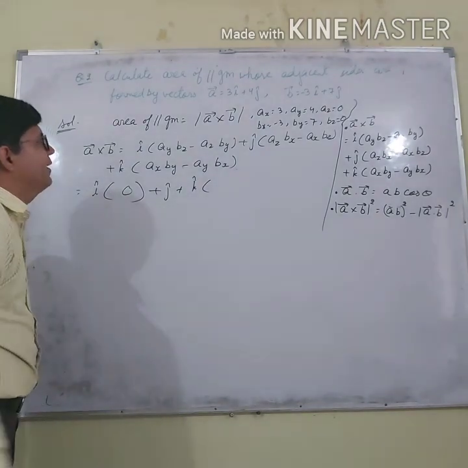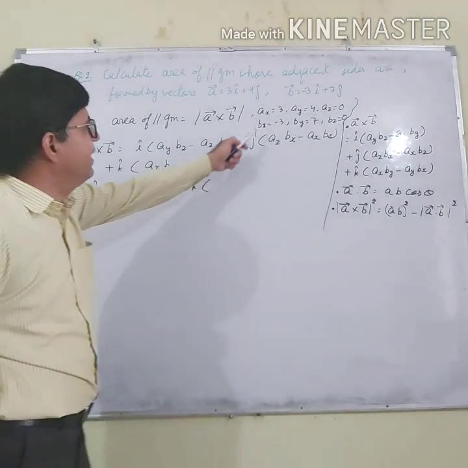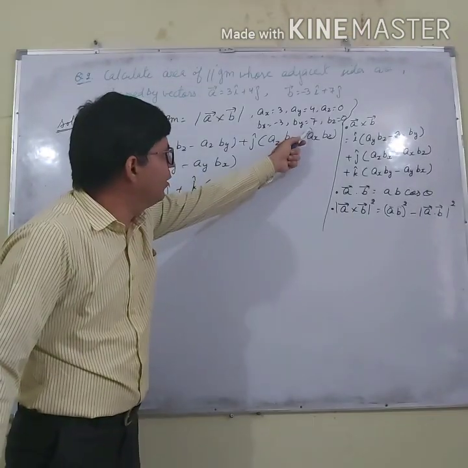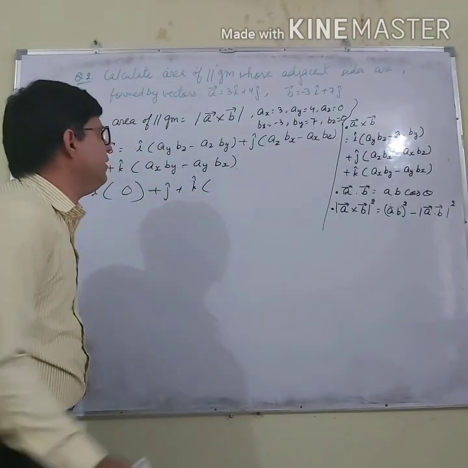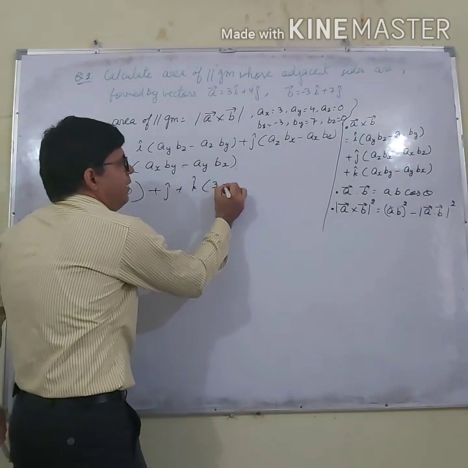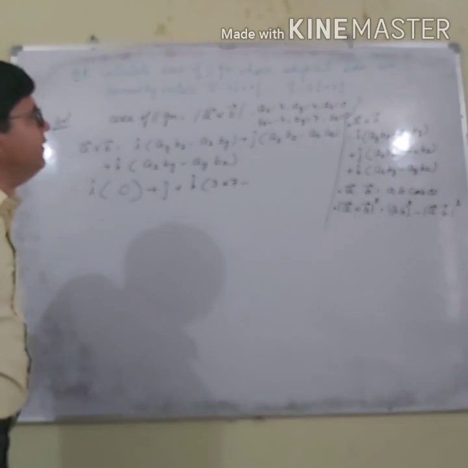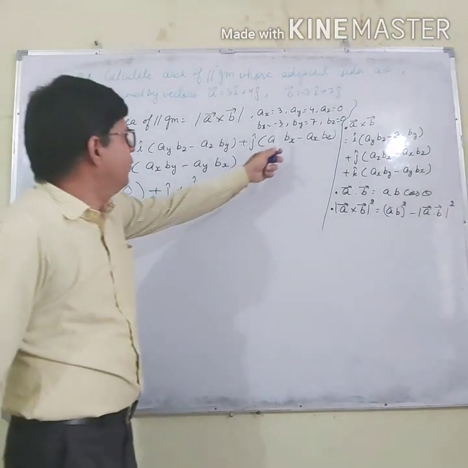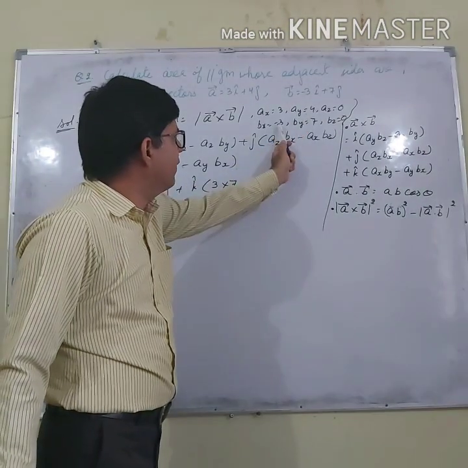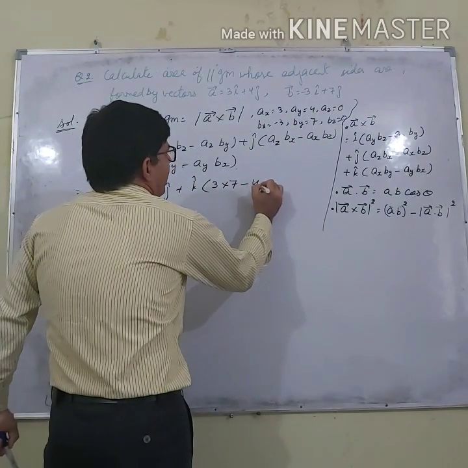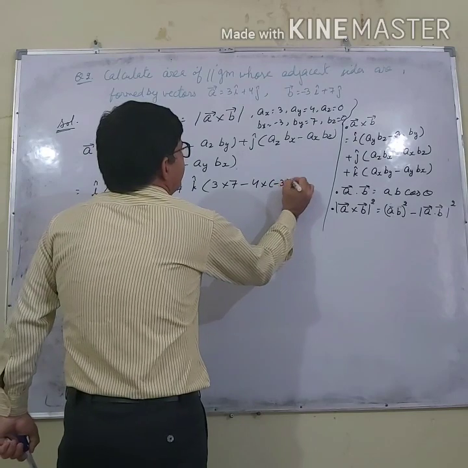Now k cap: ax and ay, so we have to calculate. ax is 3 and by is 7. 3 multiplied by 7, minus ay, which is 4, and bx is minus 3.